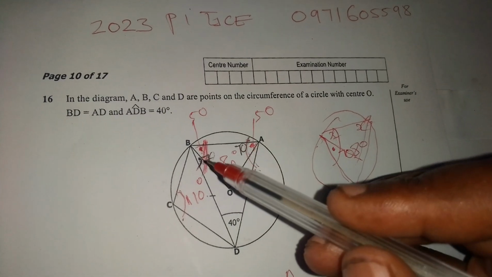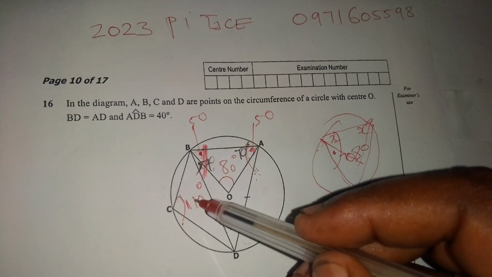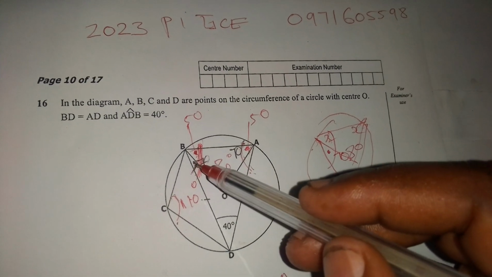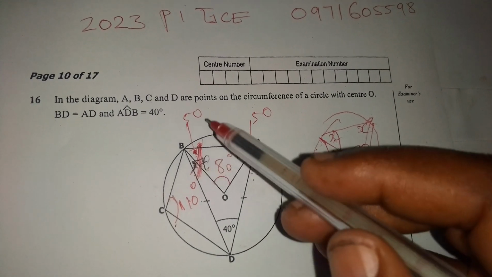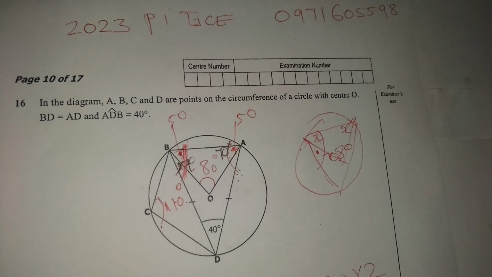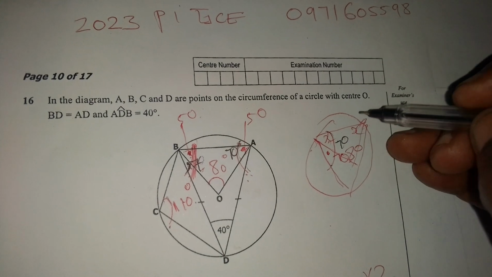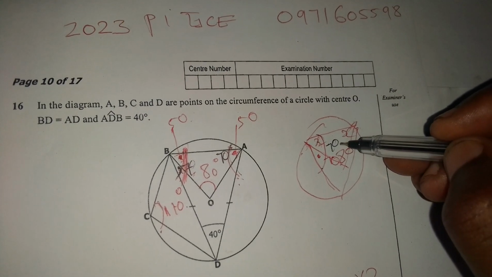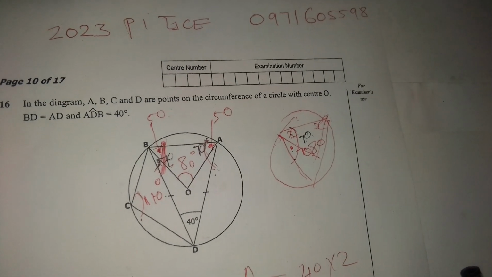Now, how can I find here where there is a black thing? Since the whole of this is 70. So for us to find this dot, we just have to say 70 minus 50. Then we'll be able to find that. I hope you are getting it. The whole of this is 70. So when we say 70 minus x, I'll be able to find this angle.